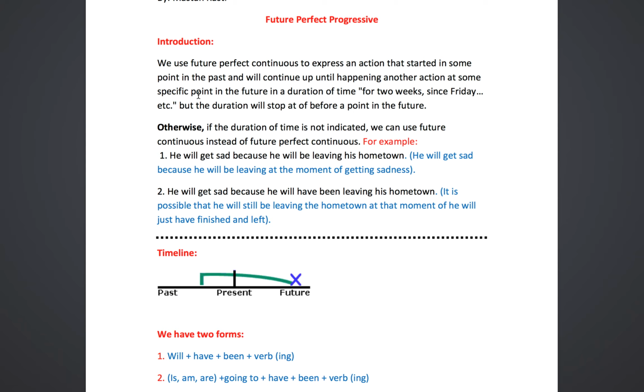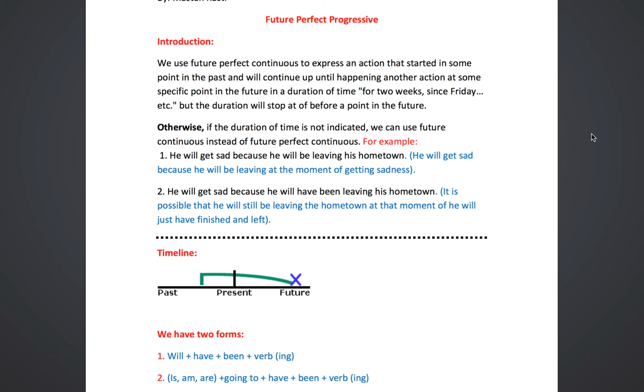We have some comparison between the future continuous and future perfect continuous. Continuous and progressive are the same. Here, if the duration of time is not indicated, we can use future continuous instead of future perfect continuous. You can say future simple or future continuous to show that the action will happen in the future, but you are not 100% sure that the action is going to happen or not.